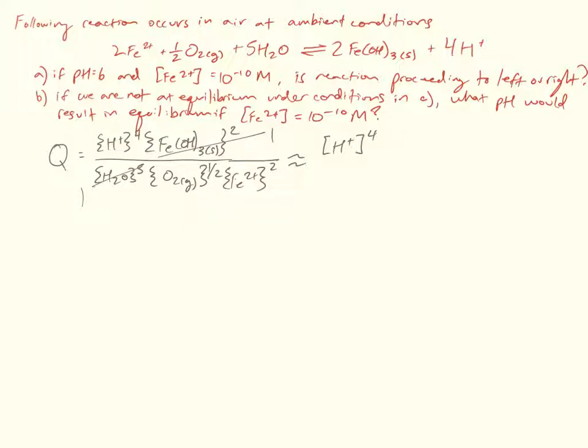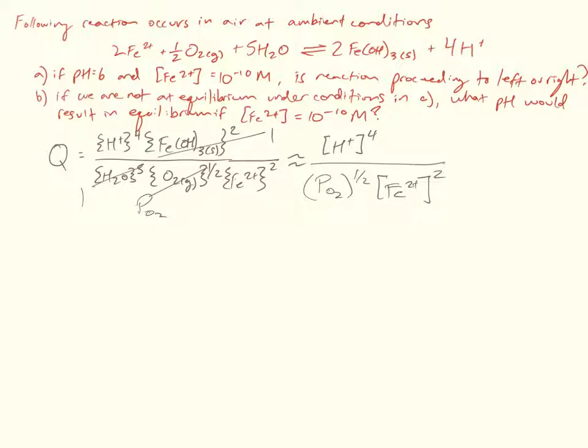For O2 gas, for gases, we're going to assume the activity is equal to the partial pressure. So for this, we're going to have P sub O2. And then we're going to have Fe2 plus, which is just a concentration again. So we just have H plus to the fourth on the top. Down here, we have the partial pressure of oxygen raised to the 1/2 times the Fe2 plus concentration squared. Okay, so that is our Q.